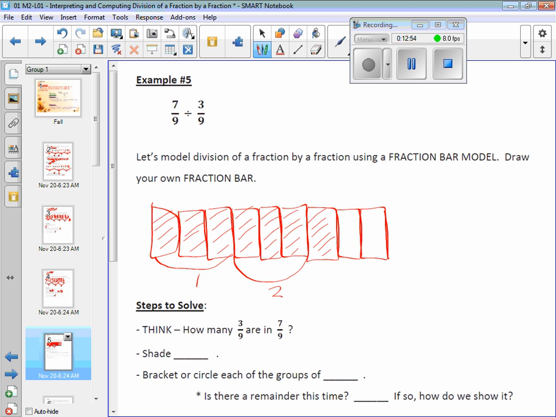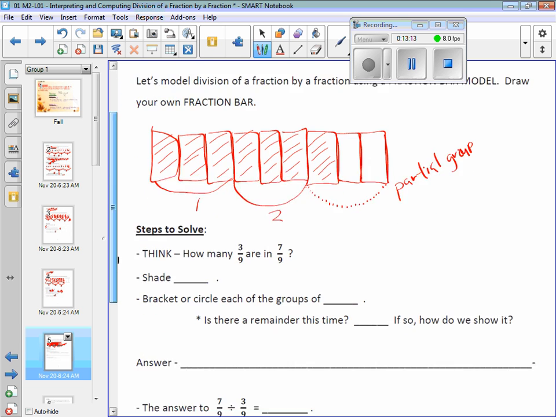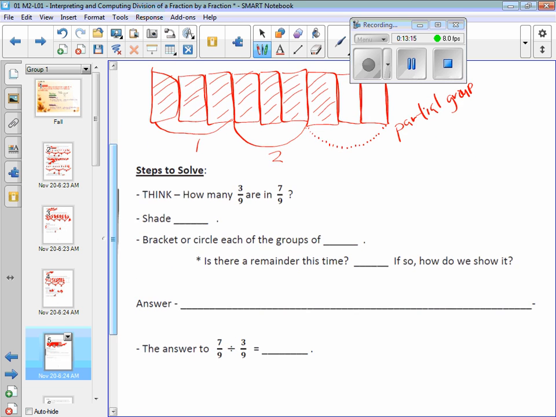I'm going to put a dotted line here, known as a partial group. Is there a remainder after we have our 2 full groups, yes or no?